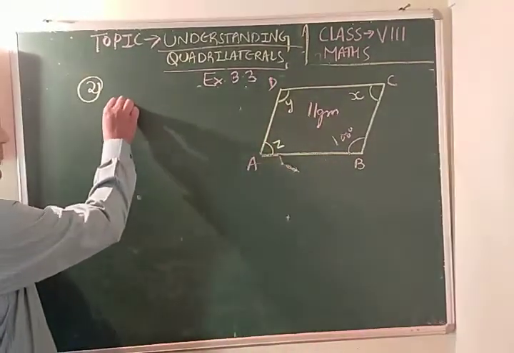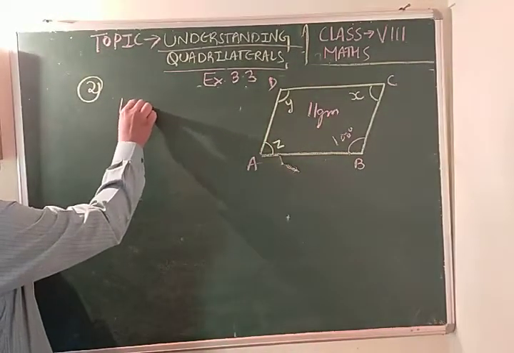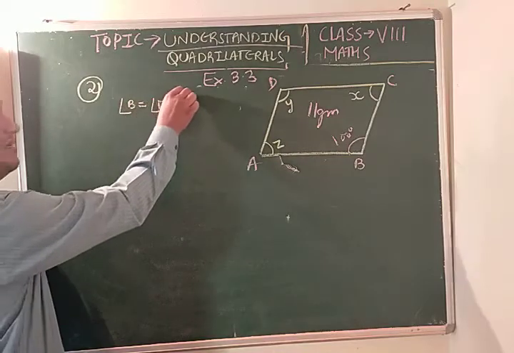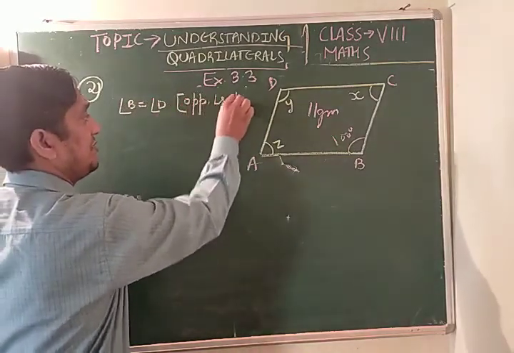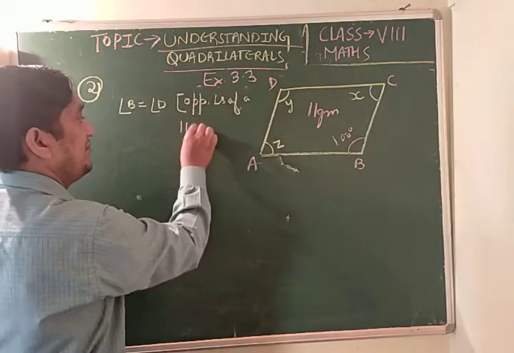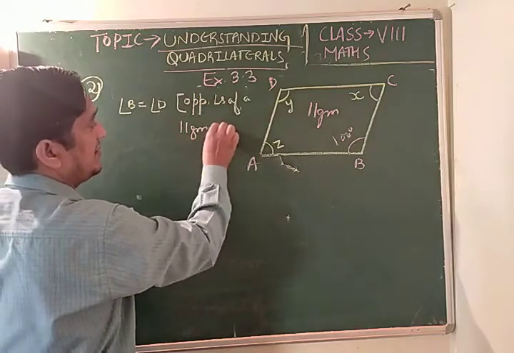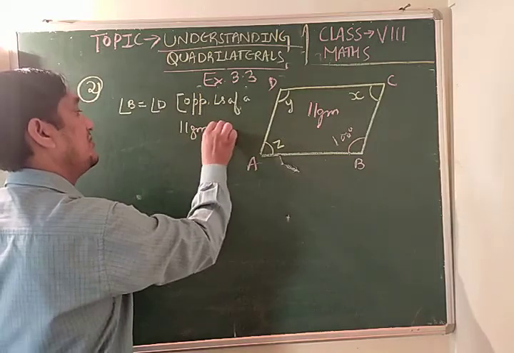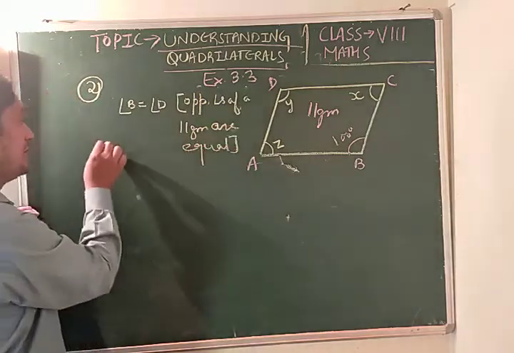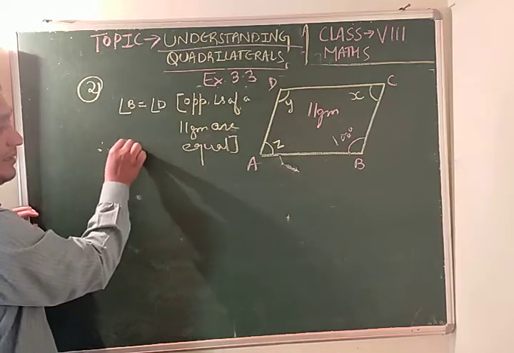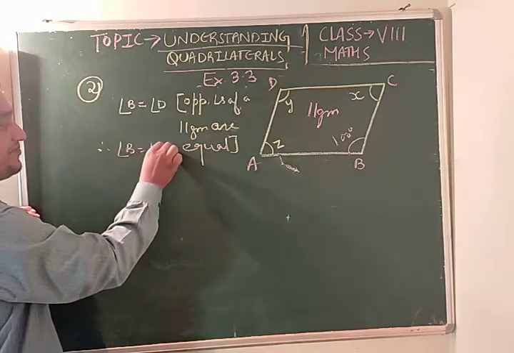Now listen, angle B must be equal to angle D because opposite angles of a parallelogram are equal. We know that angle B is 100 degrees.